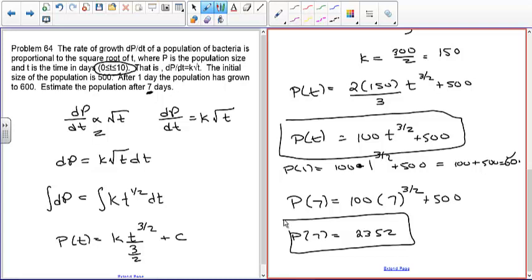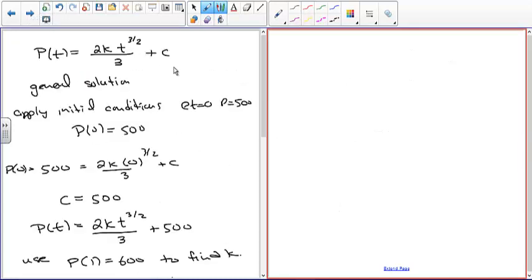It turns out normally bacteria doesn't grow that way. We'll find out in Chapter 6, because we can't do it until we have Chapter 5. But the differential equation for normal growth, if you looked at the rate of change of bacteria growth, it would be equal to some constant k times p.